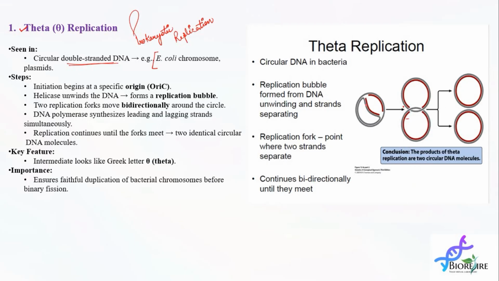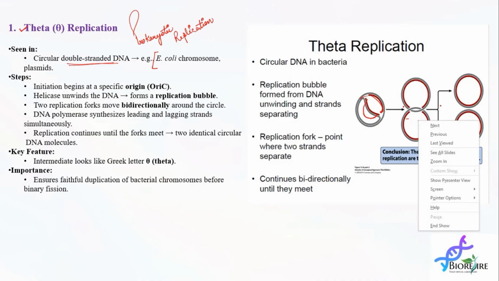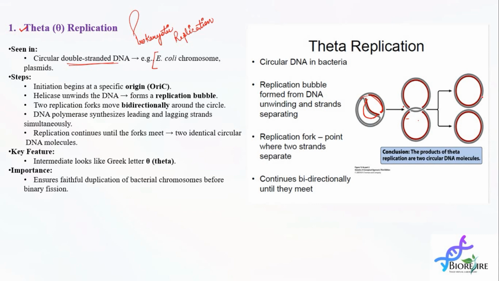Old, new, and it will amplify in this direction and in this direction, and it will convert into two. This theta-like structure is formed. That's why this is known as theta replication, producing two circular DNA.